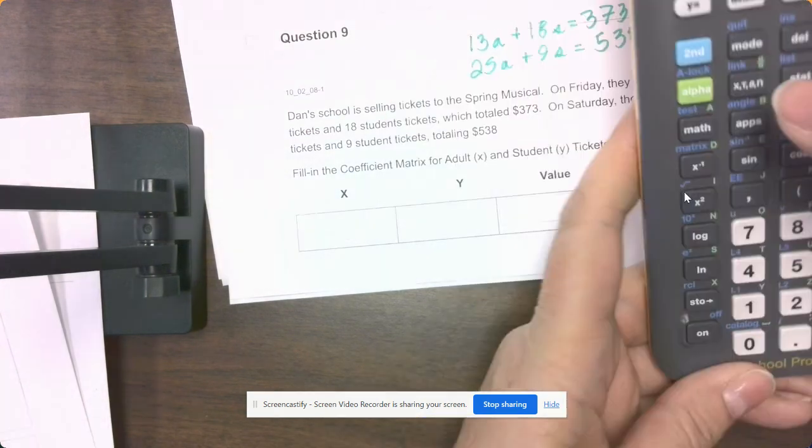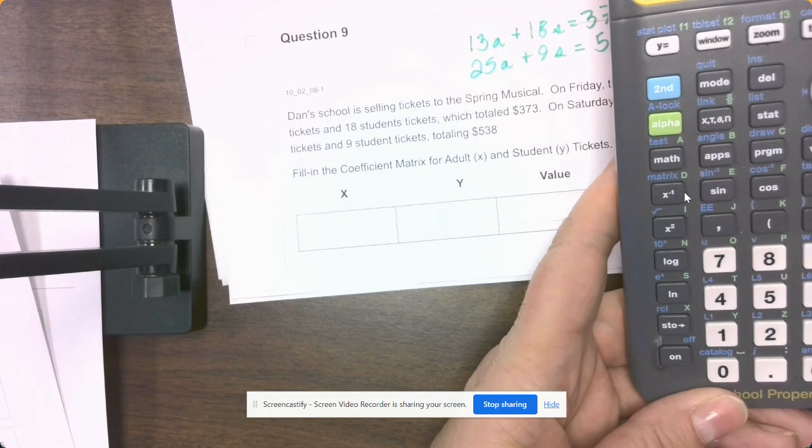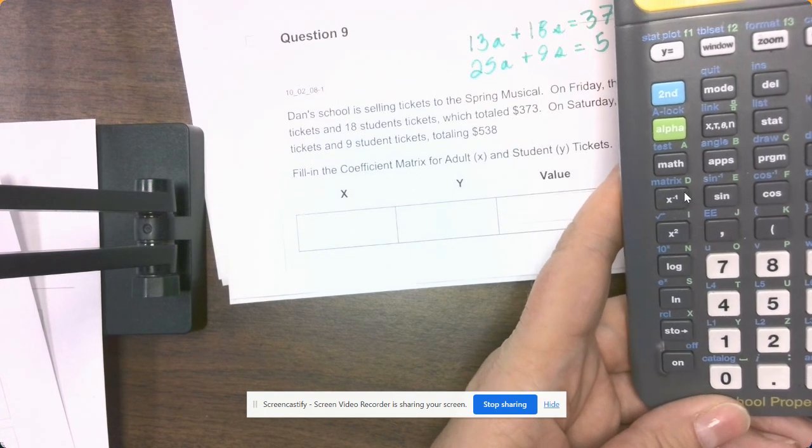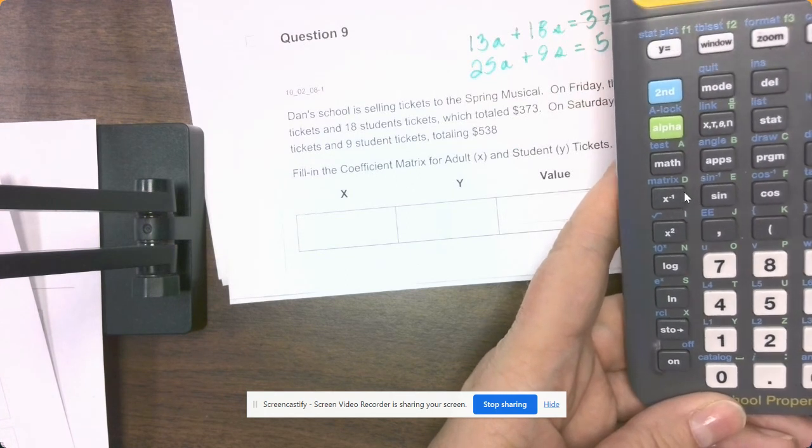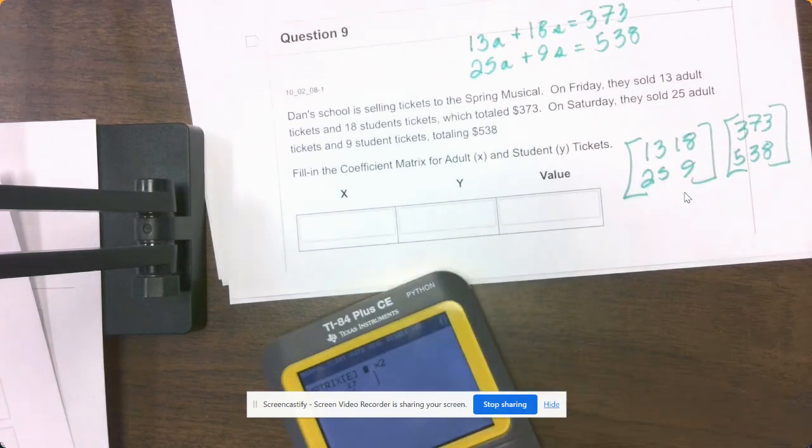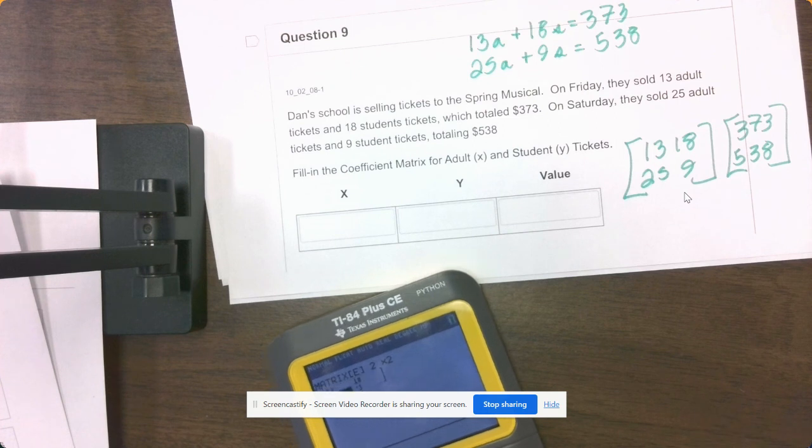So we go second matrix, scroll over to edit, scroll down. I put those numbers in. Hold on. Make sure to quit.